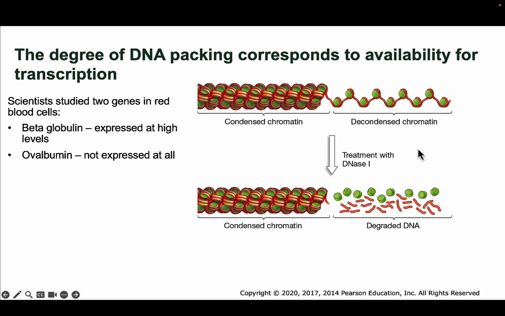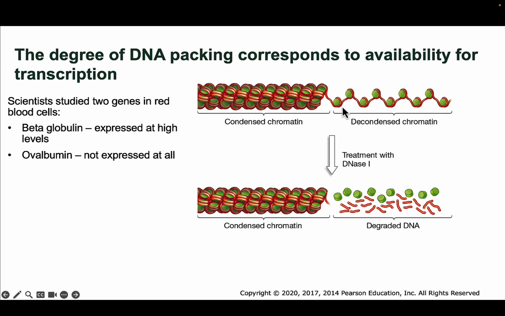And so they took advantage of a nuclease called DNase 1. DNase 1 can degrade the phosphodiester bonds between nucleotides so that they're released into individual stretches of nucleotides, shown down here.